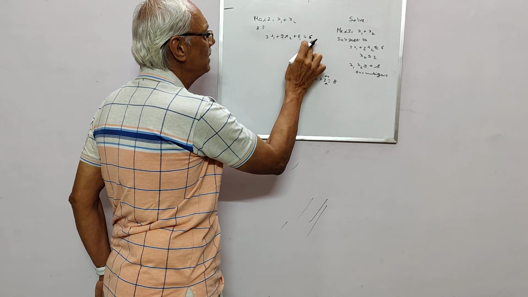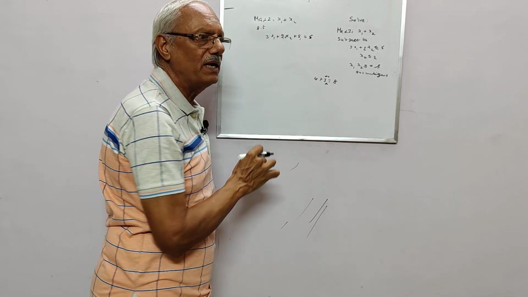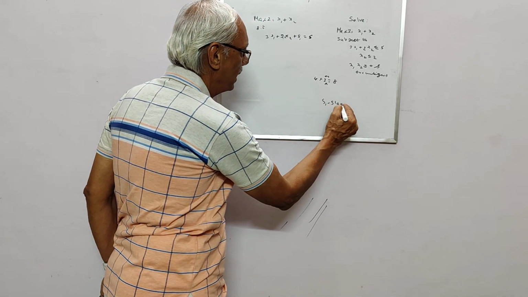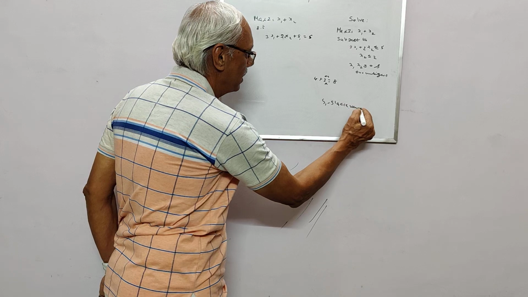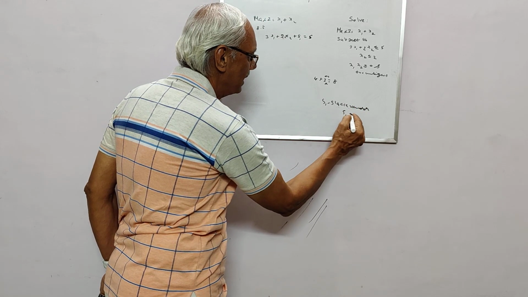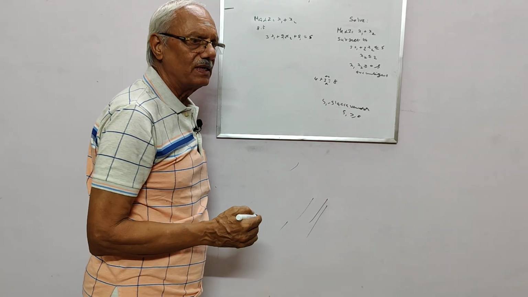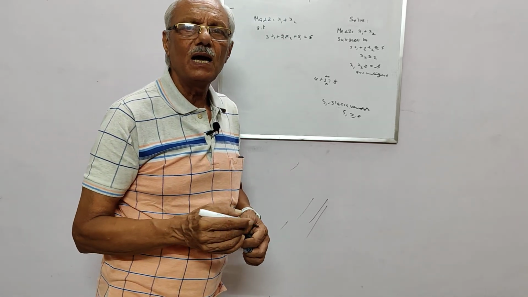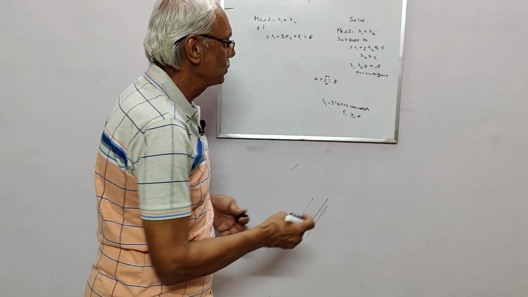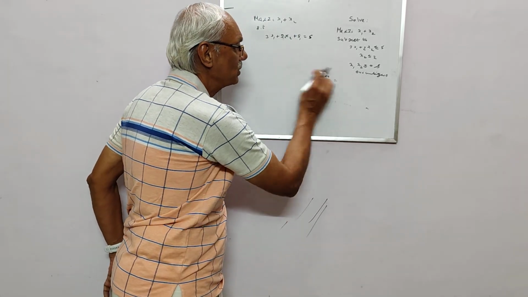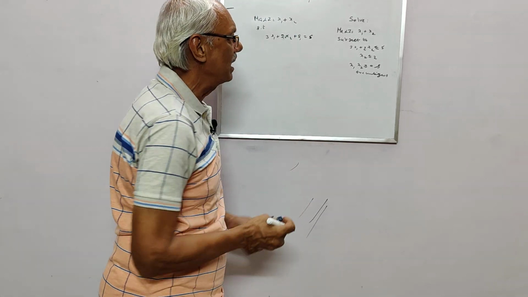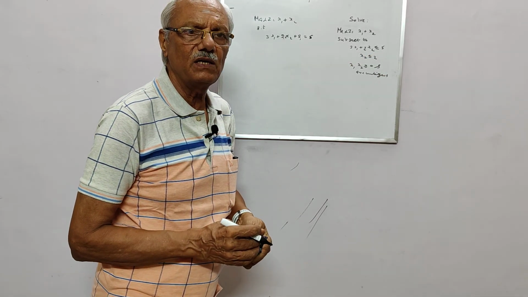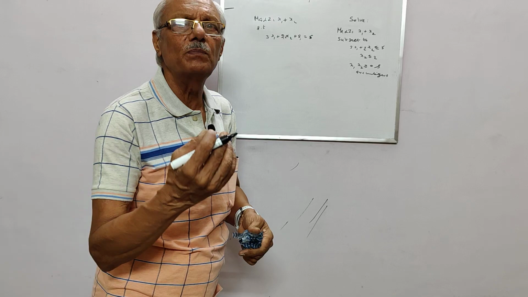Since I do not know the quantity, I simply put S1, and this S1 is called a slack variable, and S1 is greater than or equal to 0. That is, it has to be a positive quantity; at the least it can be 0. So the introduction of a slack variable comes only when it is less than or equal to. If it is greater than or equal to, then it is a surplus variable.